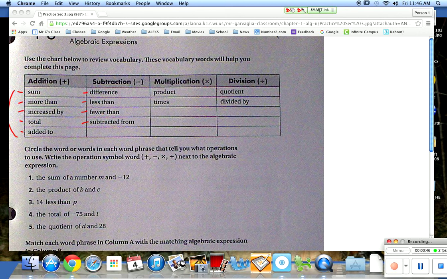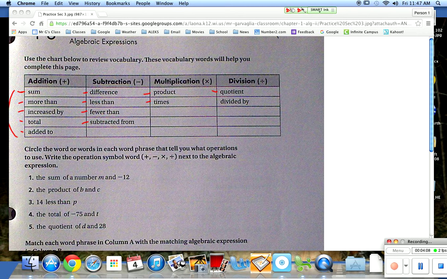All right. Multiplication, product. That's the big one you've got to remember. If you see a product, it means it's multiplying. Just like difference for subtraction, sum for addition, times. You always say that, right? How about division? Quotient.